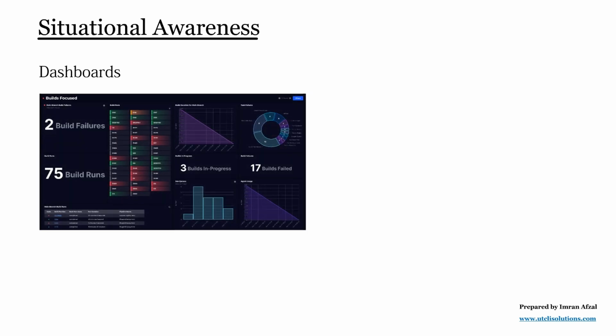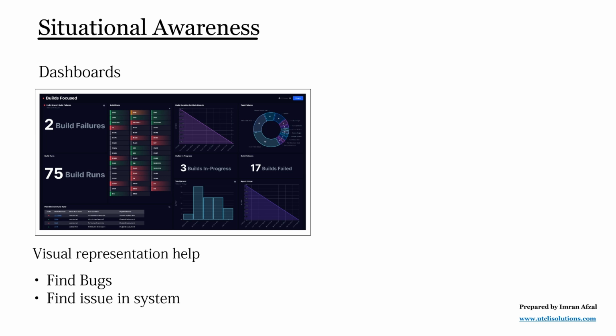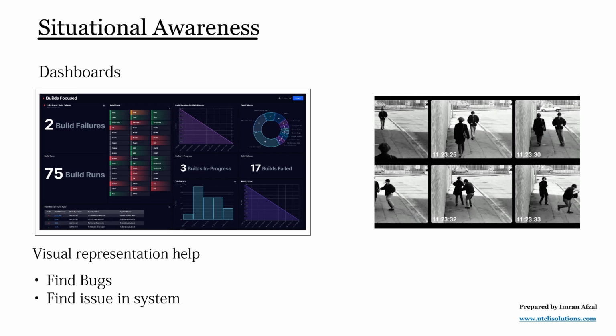Then the next one we have dashboards. This is a helpful approach in situational awareness. With the help of dashboarding, every activity is displayed on screen and you can visually see what's going on in the system environment. Due to this visual representation of the current state of system, bugs or issues can be conveniently identified. It's just like spotting any suspected behavior of people by watching the CCTV footage of public cameras.